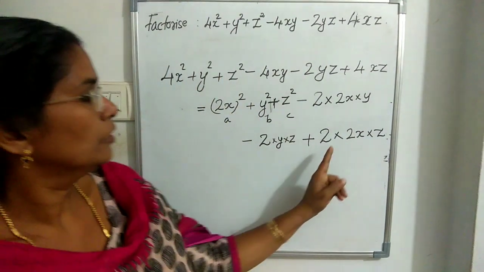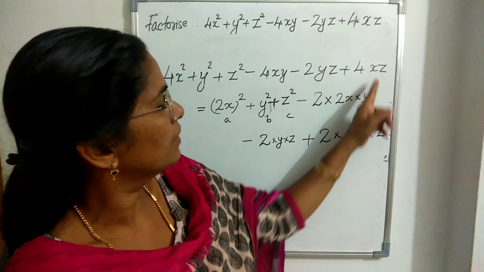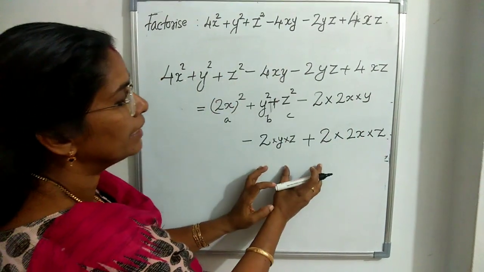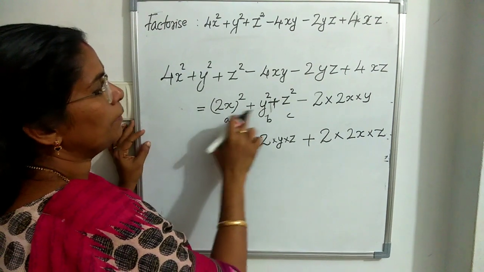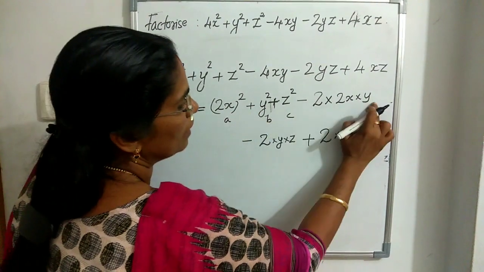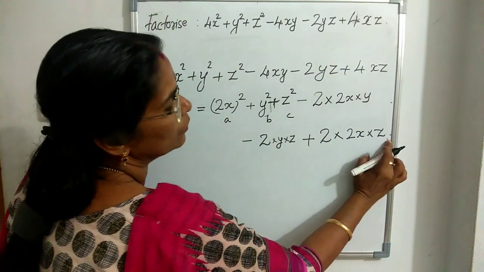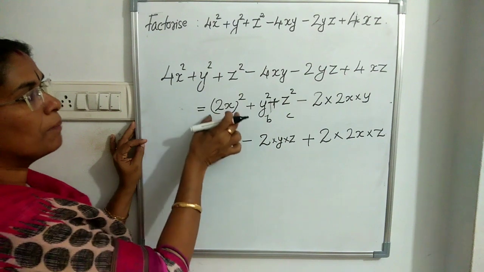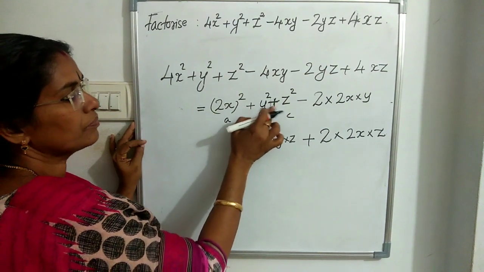Look here, 2 into 2, 4xz is coming. First we are changing this given equation in terms of a square plus b square plus c square plus 2ab plus 2bc plus 2ac form. We are changing this by applying these formulas.